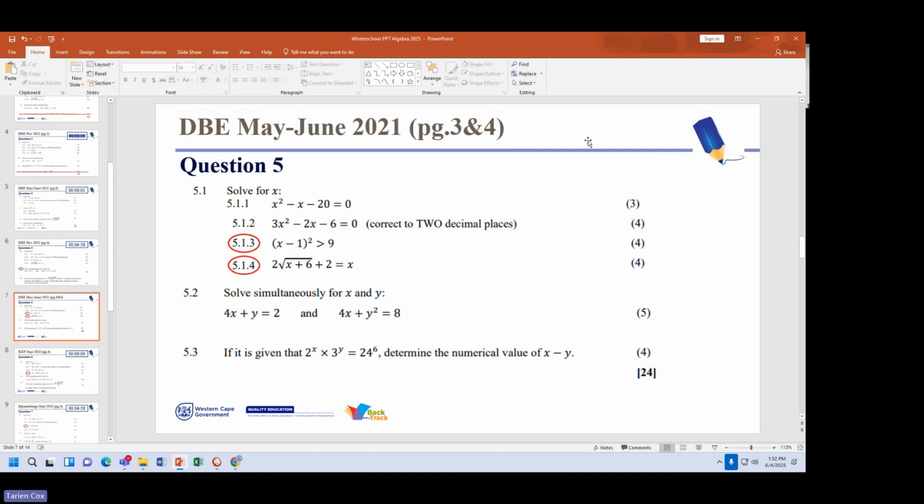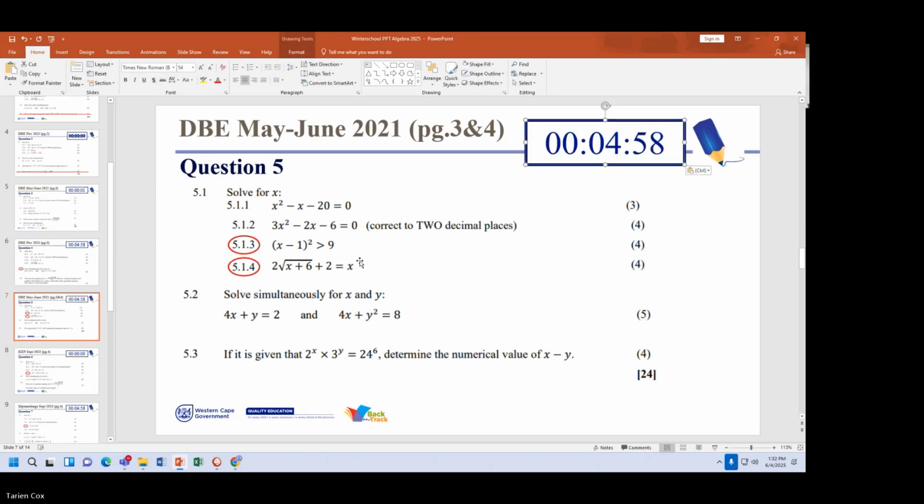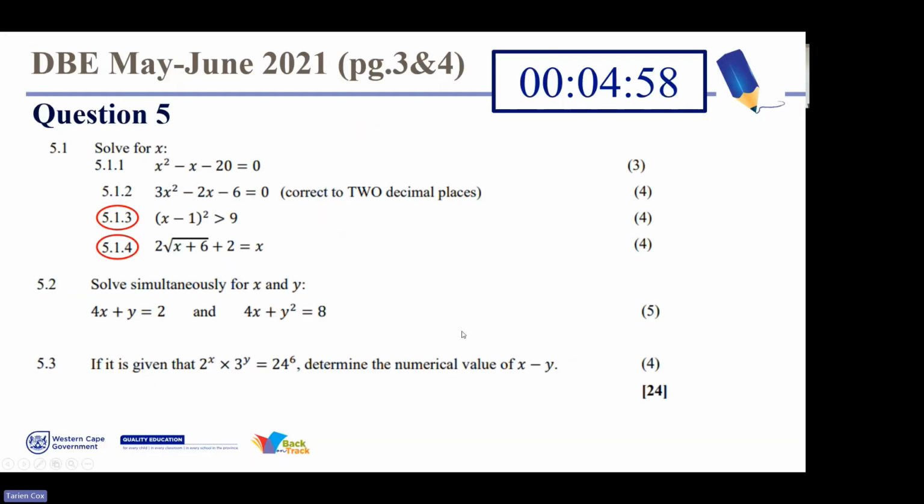We are going to do only question 5.1.4, right? And I'm going to give you 5 minutes to complete because it's 4 marks. That will be on page 3 and 4 of your notes. So just check there. You've got 5 minutes. Good luck.